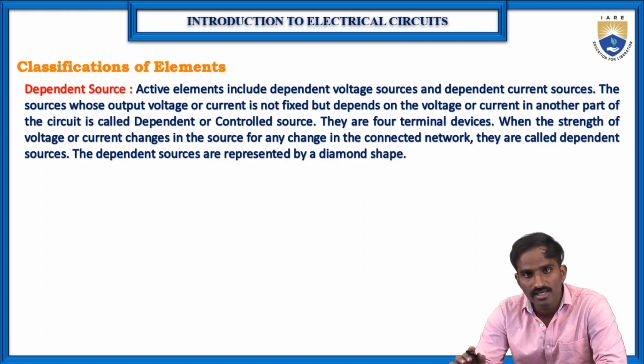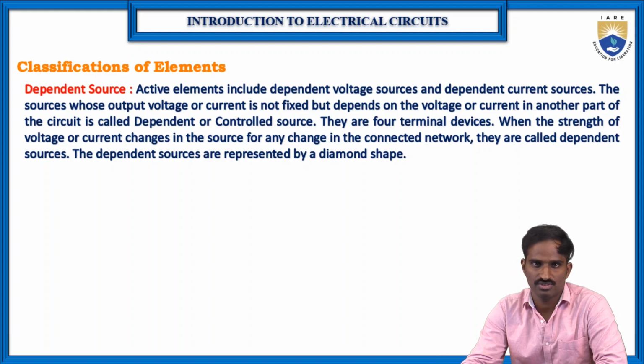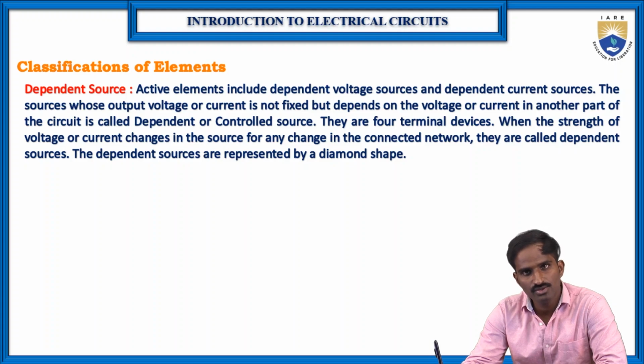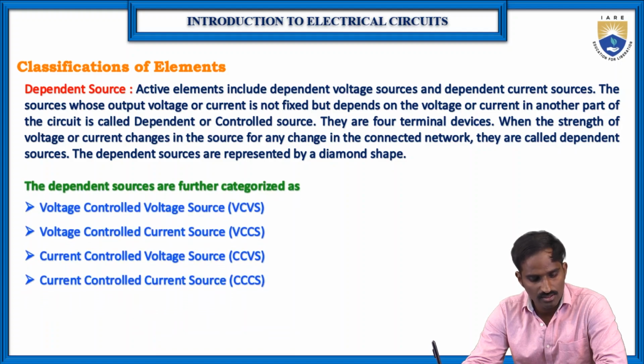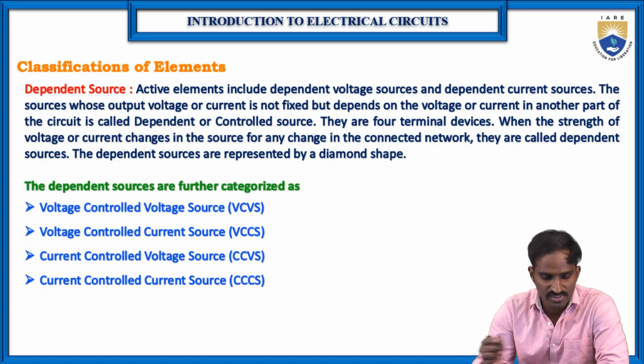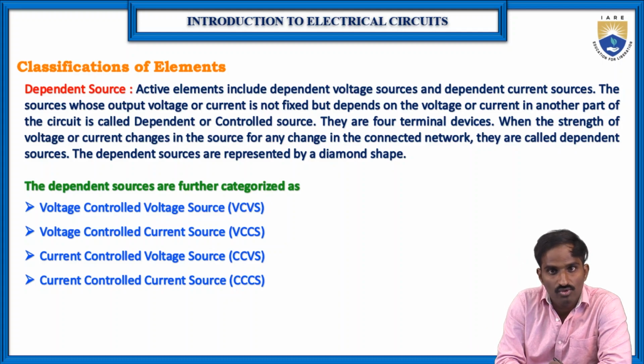Then coming to the independent and dependent sources. The dependent source is again classified into four different types. The dependent source is also called a controlled source. One is the voltage controlled voltage source, which means the voltage source is controlled by a voltage.